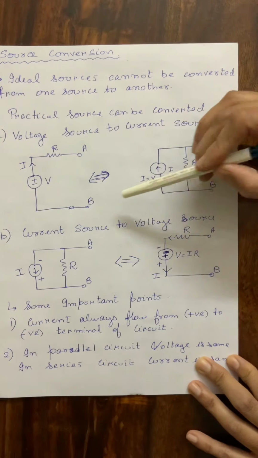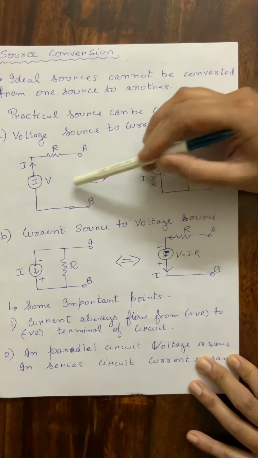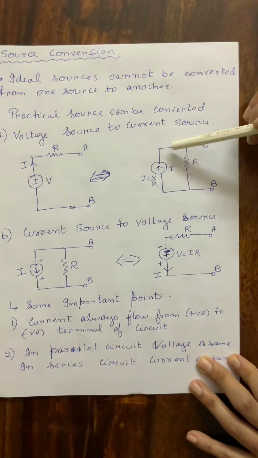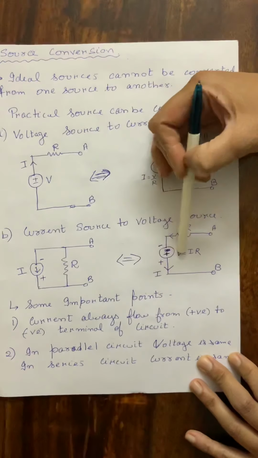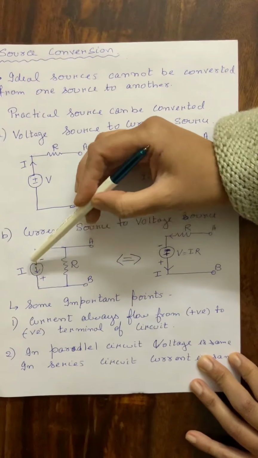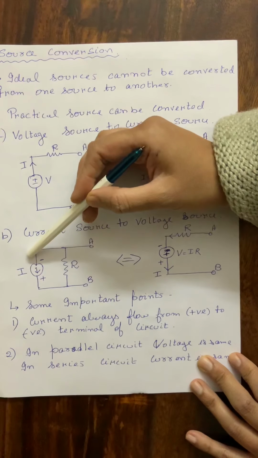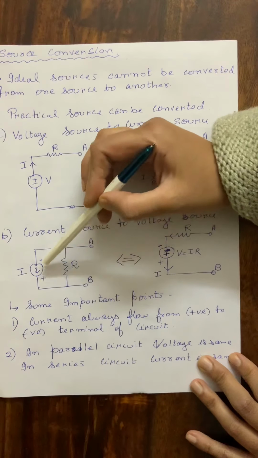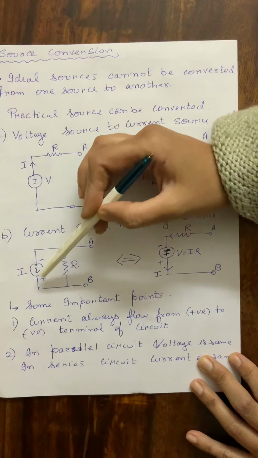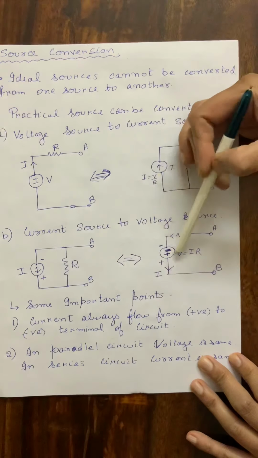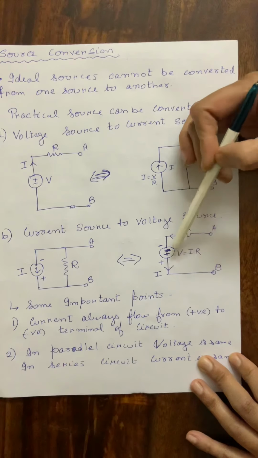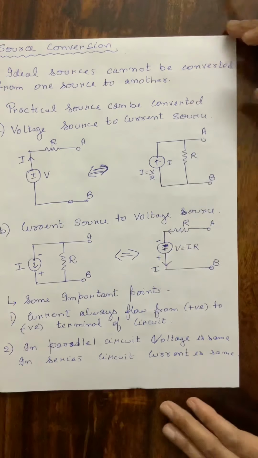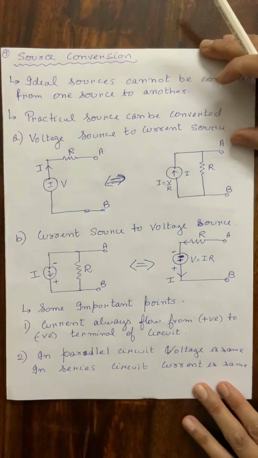Since current is flowing in this direction, the arrow is showing upward. In a similar way, when converting a current source to a voltage source, we first see the arrow of the current source. The direction of the arrow is positive and the other side is negative, so we take the polarity of the voltage source as shown by the arrow. Please make it clear, and it will be more clear when you do more and more numericals.